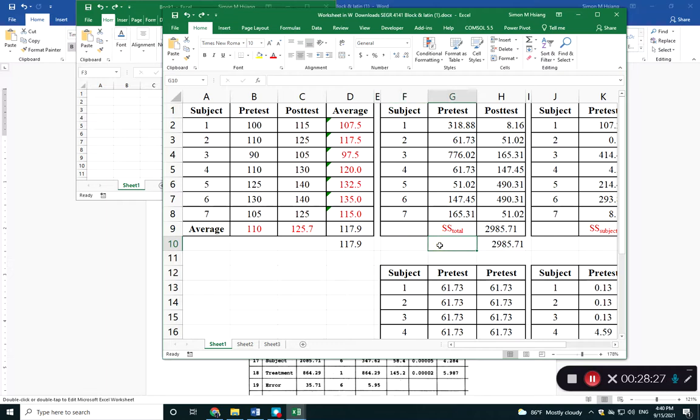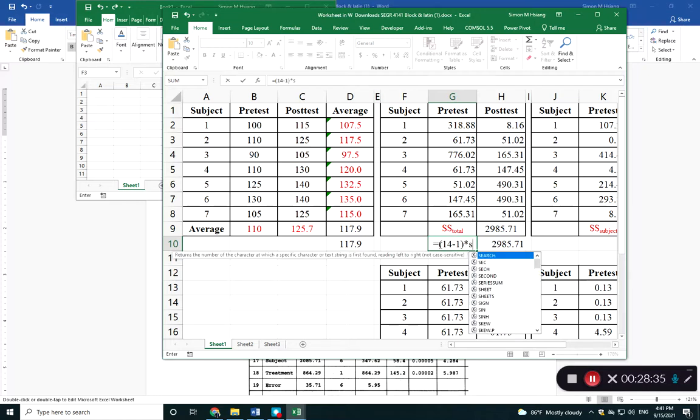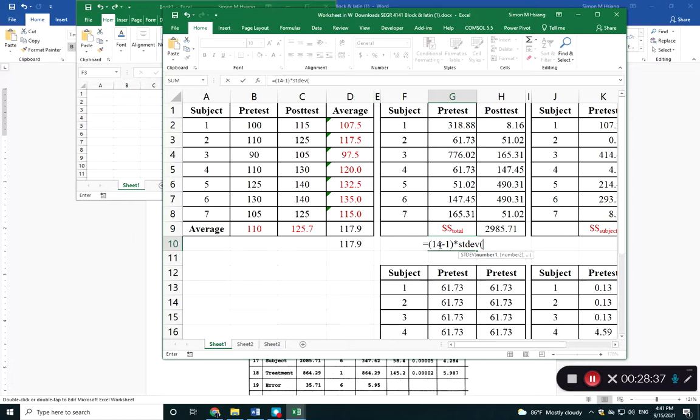Yeah, let me redo it. It's 14, so it's 14 minus 1 times the standard deviation of this value squared. See, I'll get exactly the same value.